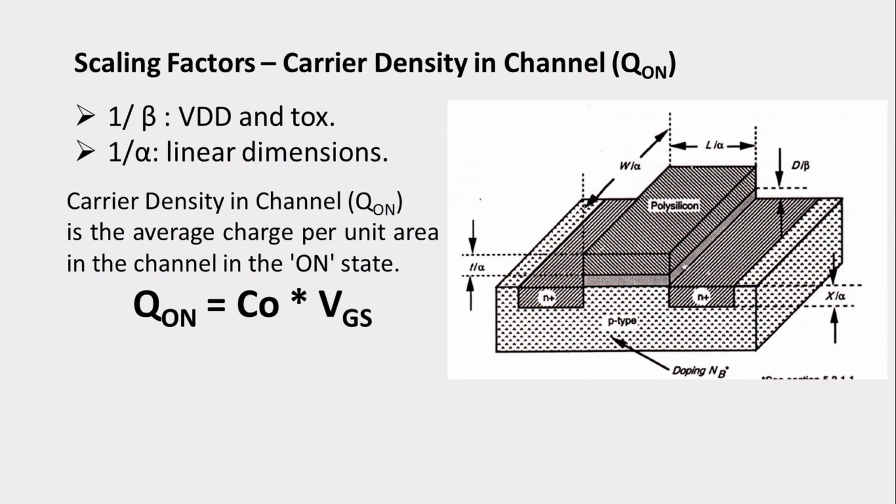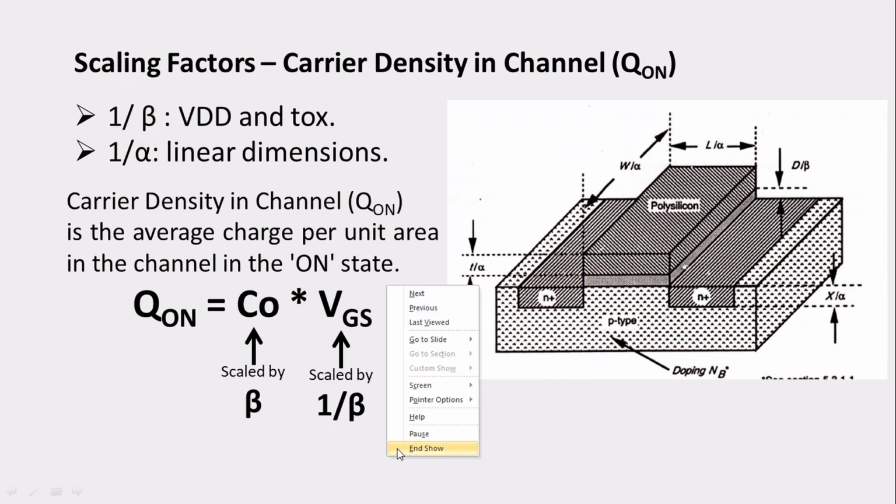Here C represents our gate capacitance, and the voltage we will be applying is VGS. Now as we know, the C naught scaling factor is beta, and we said that for supply voltages or any type of voltages, the scaling factor is 1 by beta.